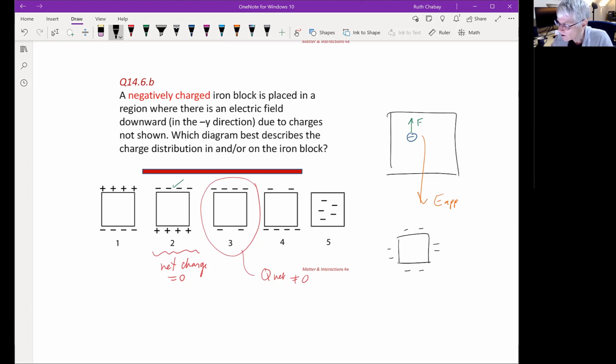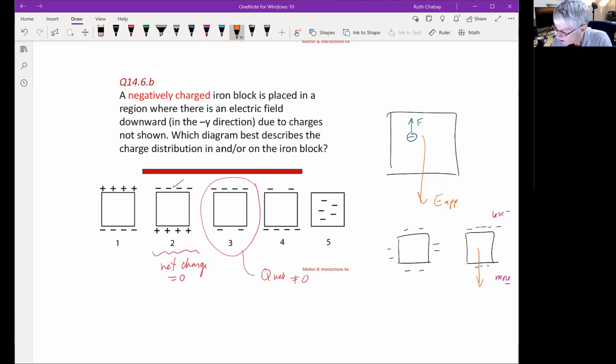But then when we apply the field, here's our field. We get negative charge shifting down here. And now we've got more negative on the bottom, less negative on the top. So the contribution to the net field of these charges would be that, sorry, I've got it backwards, don't I? Yep. So a lot more negative on the top than on the bottom.